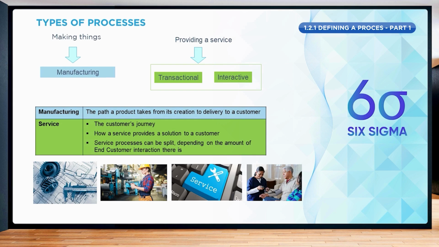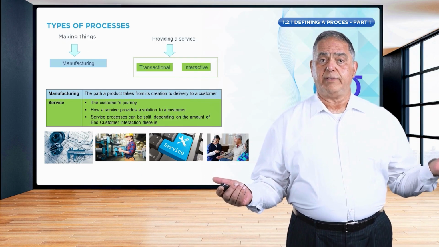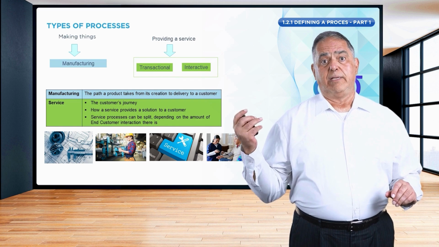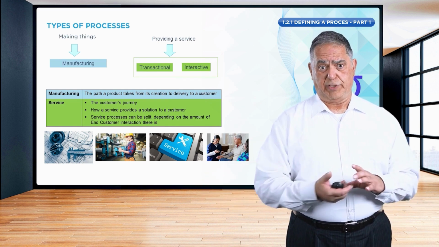And service is further broken down in what is known as transactional or interactive. So, speaking about manufacturing process, this is the path between raw materials entering a process all the way up to the point where we have a finished unit of product.